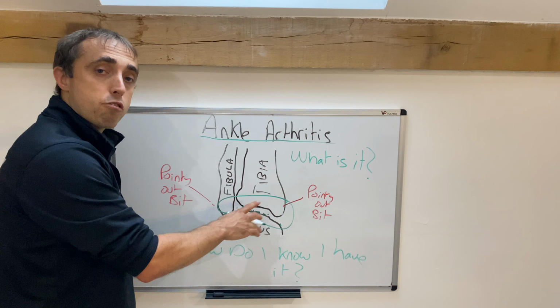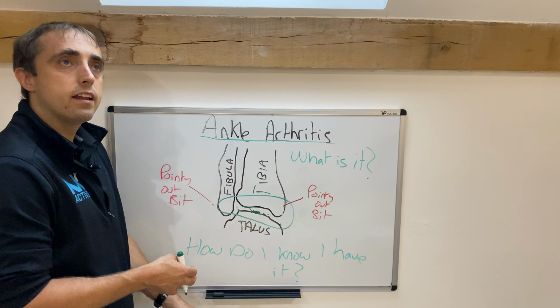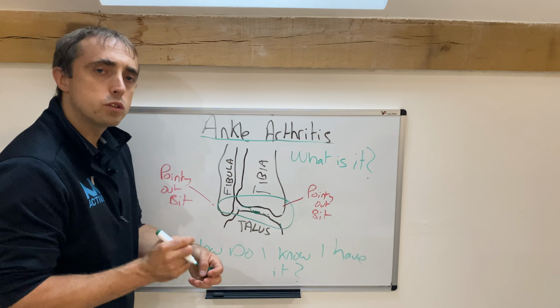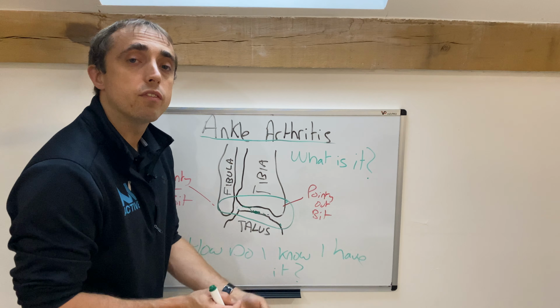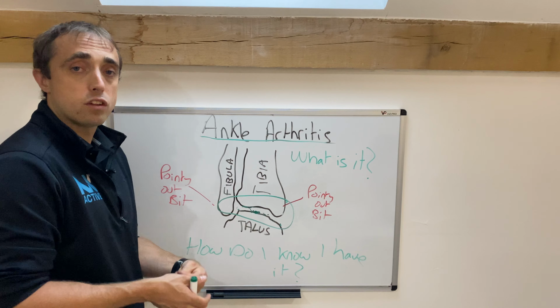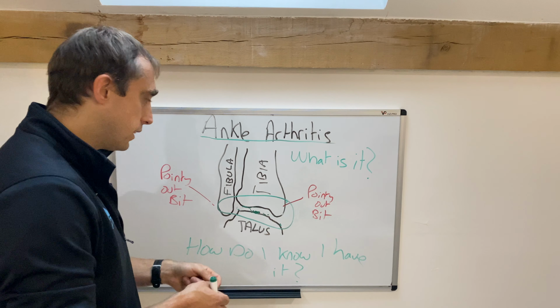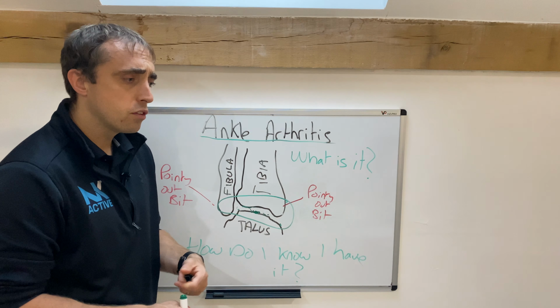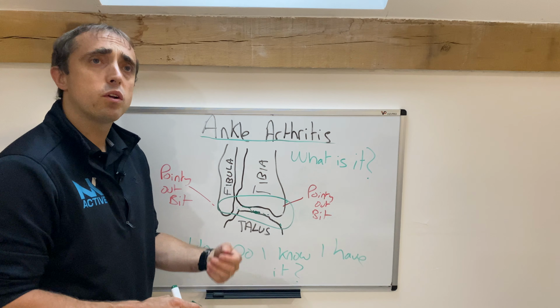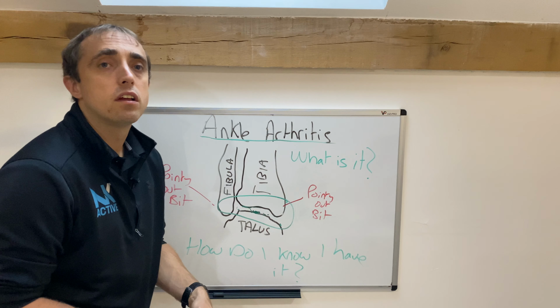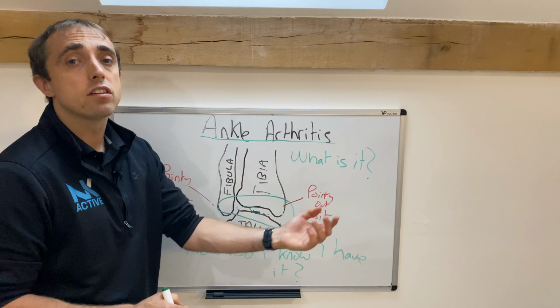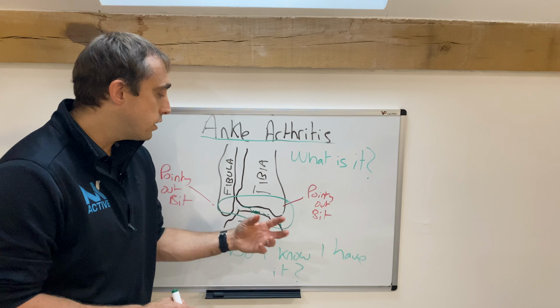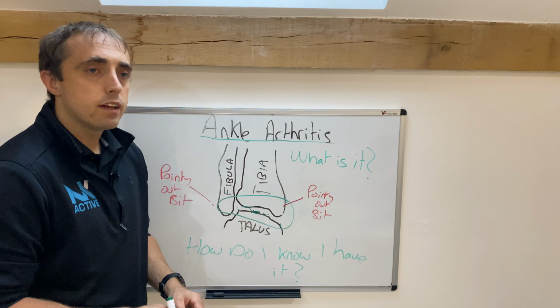So it's failed to repair itself, and then you get that narrowing of the cartilage and what is called an osteochondral defect, or in simple terms, an OCD lesion. And that is most probably one of the most common causes that then lead into ankle arthritis later on in life.